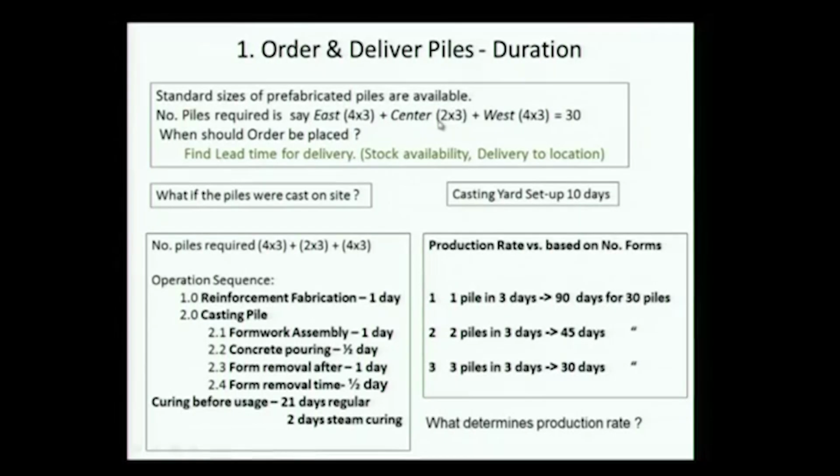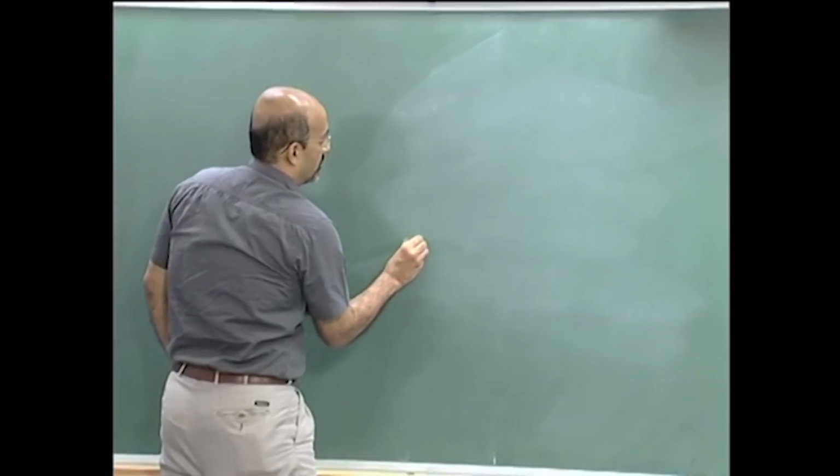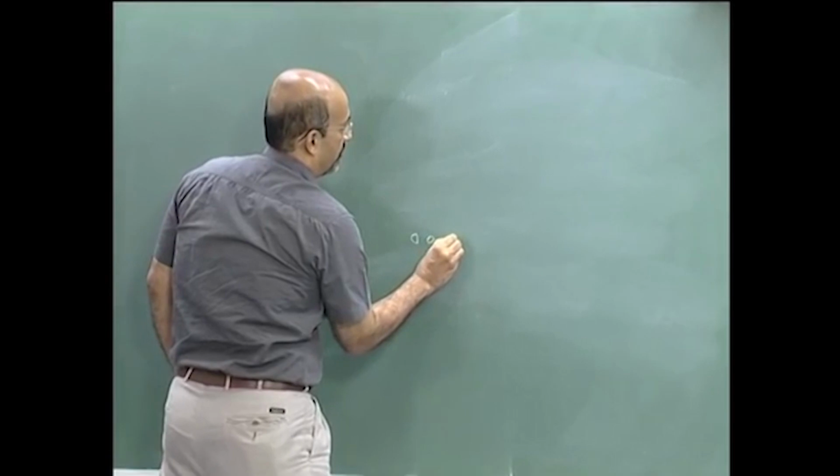So here we are saying there are 30 piles, because it's a relatively small bridge, and we are saying the pile group here. You can see a 4 by 3, a 2 by 3 and a 4 by 3. So that is the number. If you want to interpret what this 4 by 3 and 2 by 3 is, we are assuming that the piles are in the form of a group. So you have 1, 2, 3, 4.